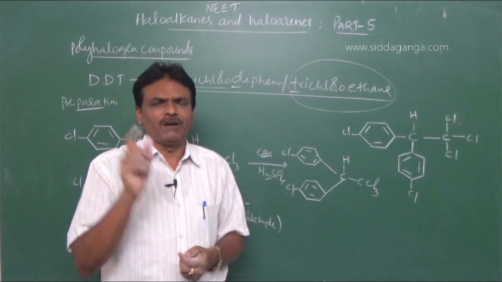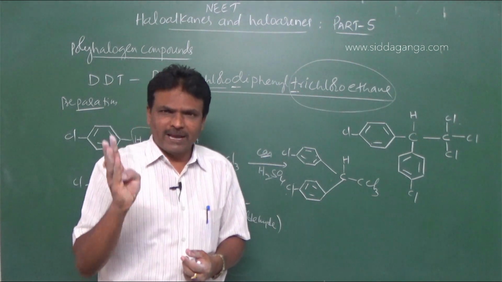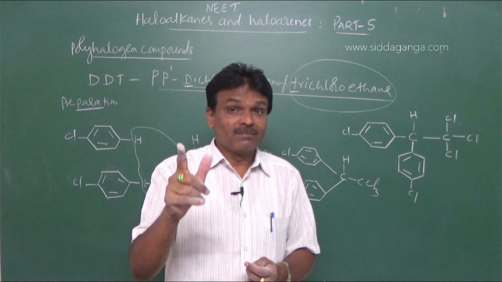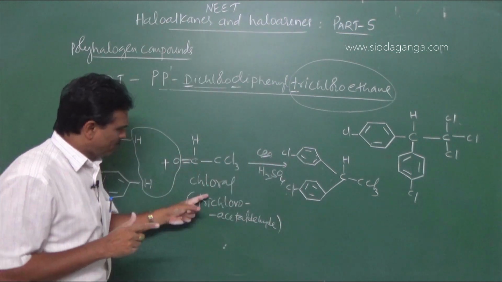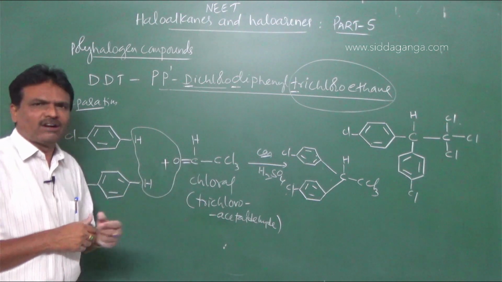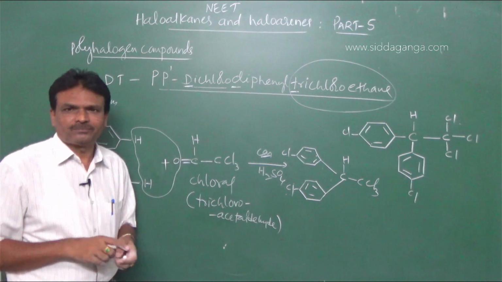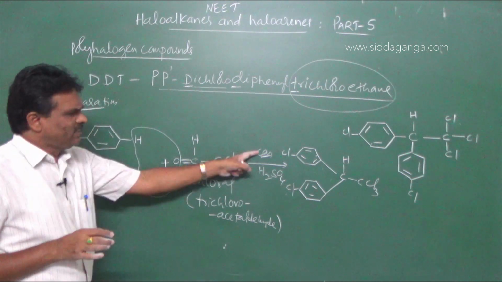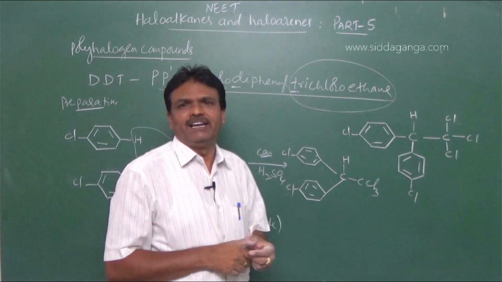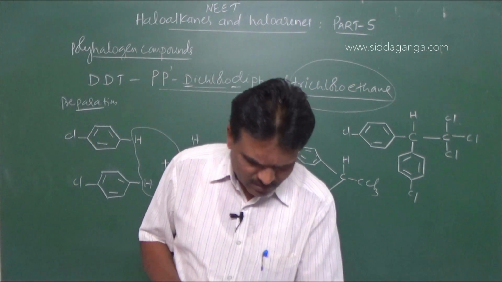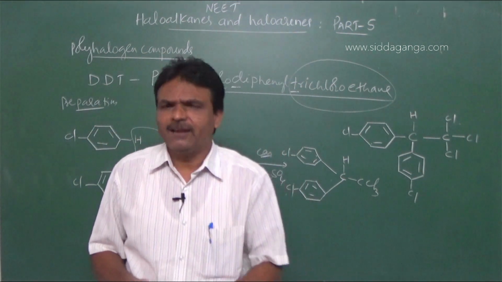And DDT is obtained from chloral and chlorobenzene. Chloral means trichloroacetaldehyde. Clear? Chloral and chlorobenzene, in the presence of concentrated sulfuric acid, give DDT. Clear? So write this in the synopsis part.